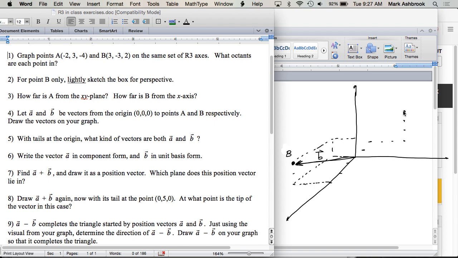Triangle. And then it would go to A. So whichever direction it is.